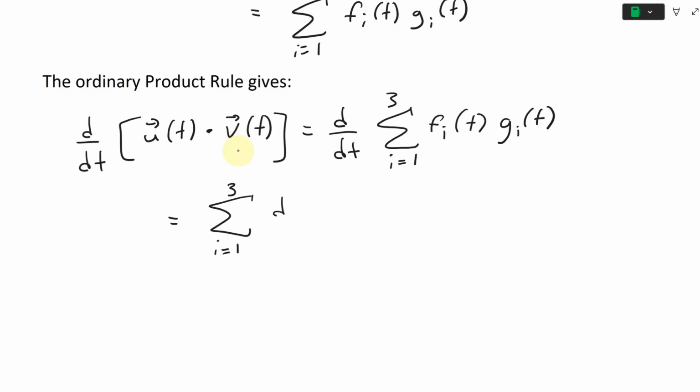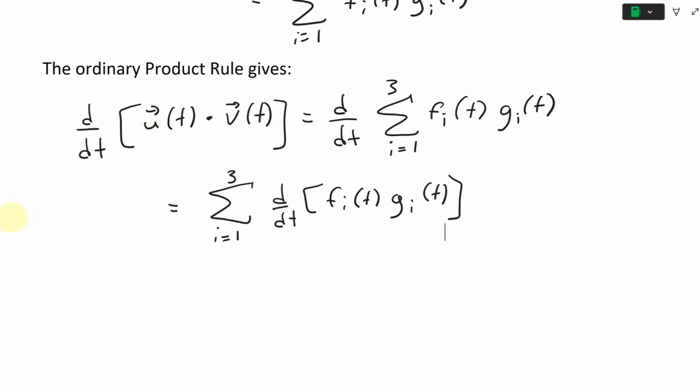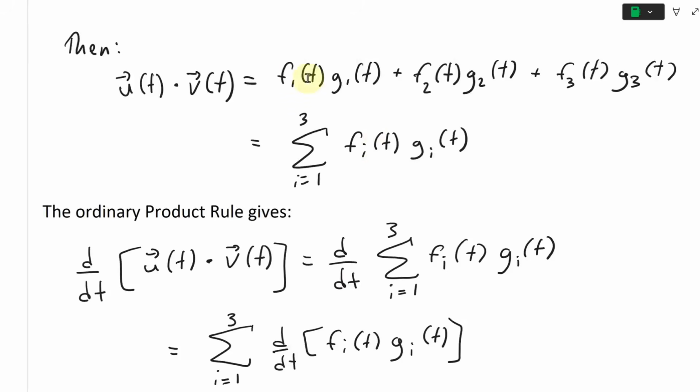Now this equals d over dt of fi of t times gi of t, and for each single one we apply the product rule. So for the first term, it's f1 prime of t times g1 of t, plus f1 of t times g1 prime of t, and we do it for each one.